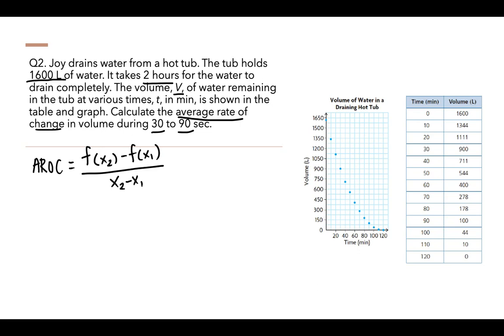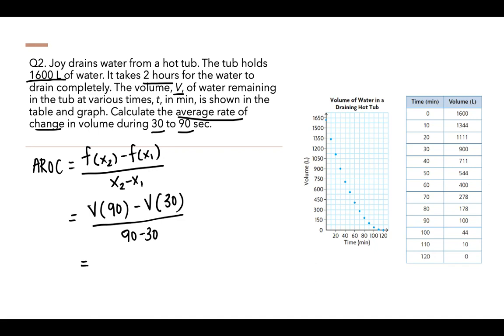So we know the two defined domain values. We're working in terms of volume, so we will be putting the volume at 90 minus the volume at 30, over 90 minus 30. Because we're not given an equation, you can look at the table or look at the graph.